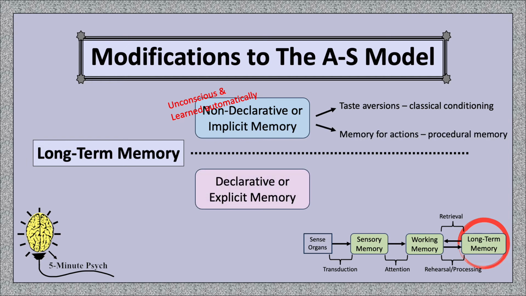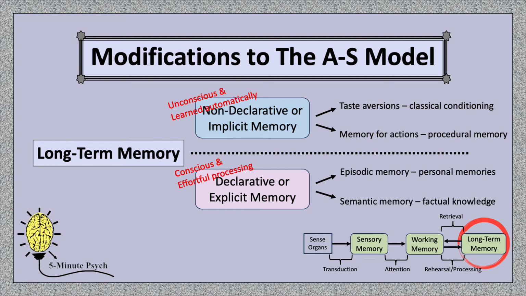Declarative memory, or explicit memory, consists of knowledge that we consciously know and can recall, like with episodic memories, or personal memories, and semantic memories, or memories for factual knowledge. Declarative memories are acquired through effortful processing and certainly not automatically.